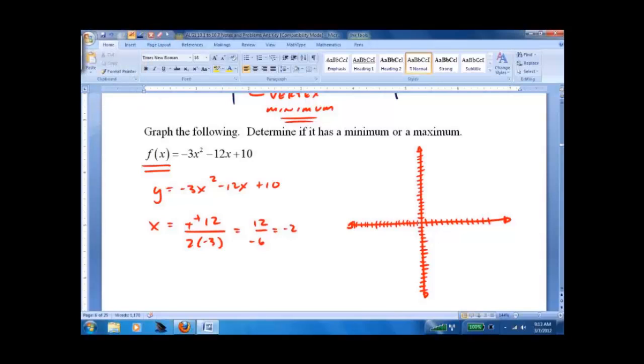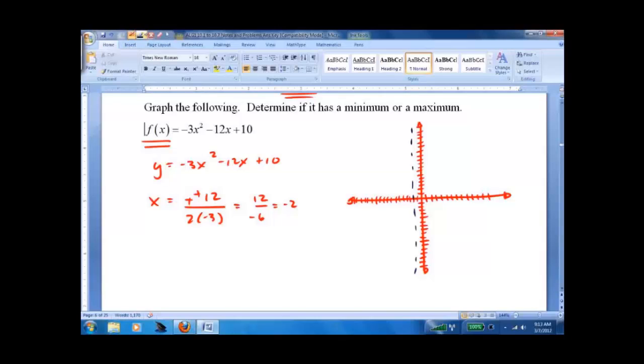Put in x equals -2. Plug it back in. Get 22. Right about there. And I put that dot in for later because I know it's coming.